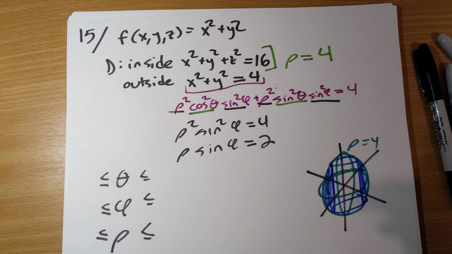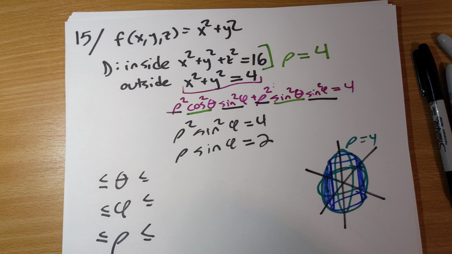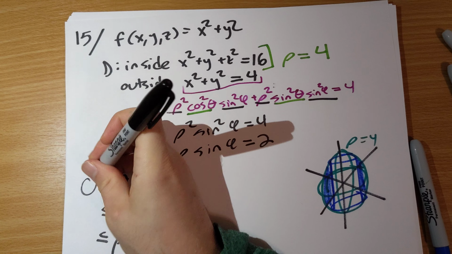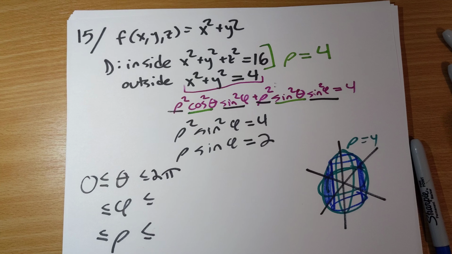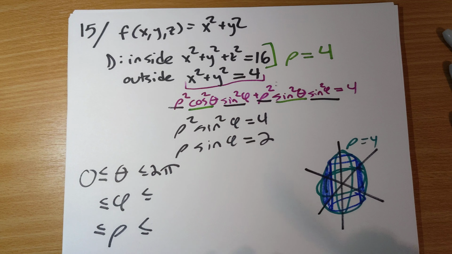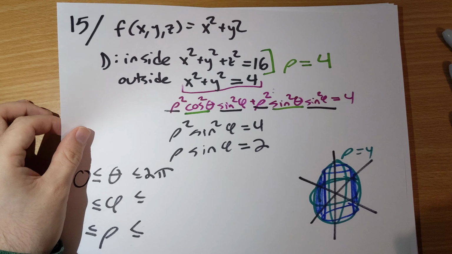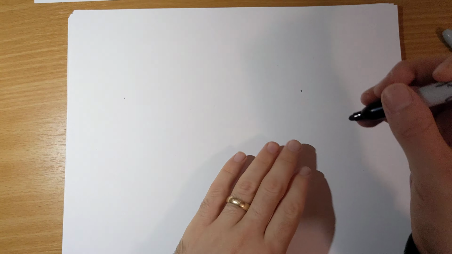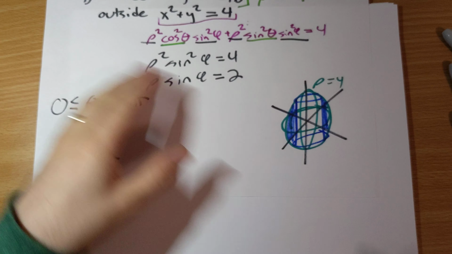First thing we see is that this is radially symmetric in terms of the projection to the xy plane, polar coordinates. So this says there's no theta dependence going on here. Theta is going to run from 0 to 2 pi. As for phi, let me just draw the projection of this region into the YZ plane.